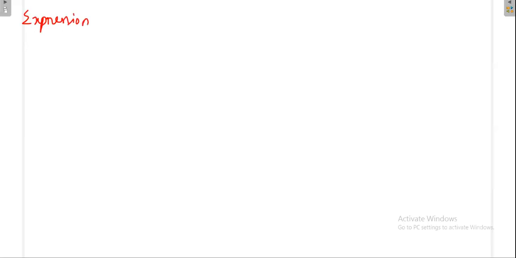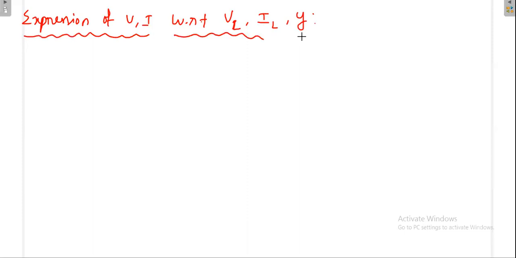Earlier we have written with respect to Vs. Now we will write it with respect to VL, load voltage. Similarly, previously we wrote with respect to Is, source current. Now we can write with respect to load current, IL. And the new parameter is y. Now we will write the transmission line equation with respect to VL, IL, and y.